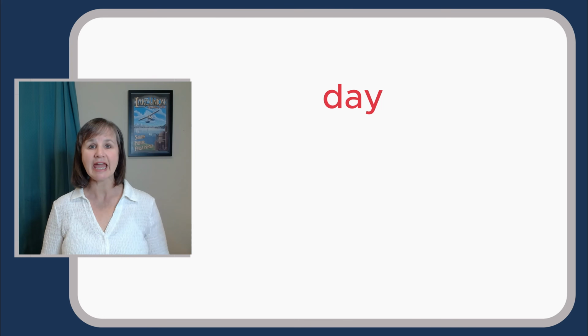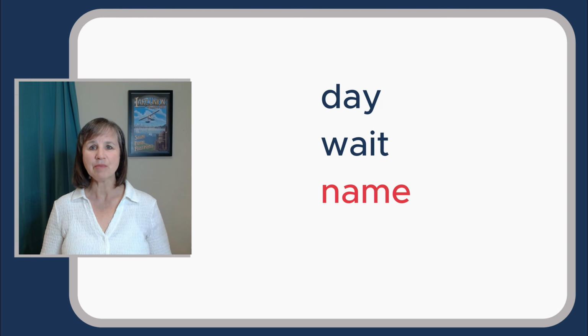And the same vowel sound can be spelled several different ways. For example, the long A sound occurs in words like day, wait, name, and great. The spelling changes, but the sound is still the same. So if you're relying only on the spelling, English vowels can feel completely unpredictable.